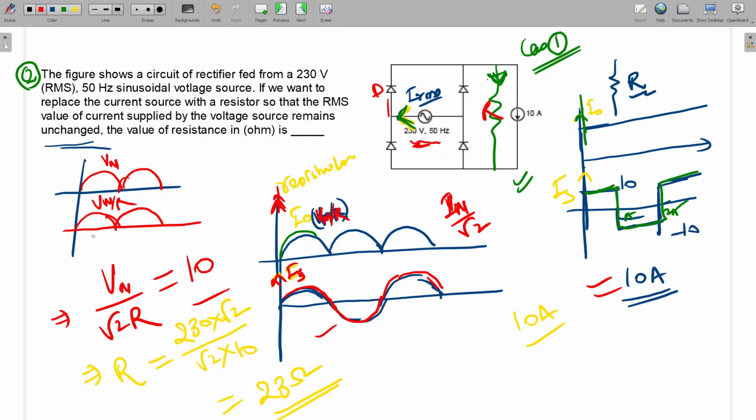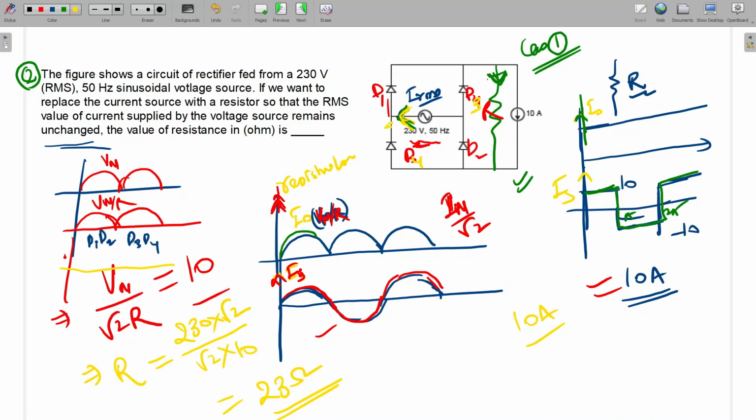Here we can see D1, D2, D3, D4. If D1, D2 conduct, this is the source current. This is D3, this is D4.